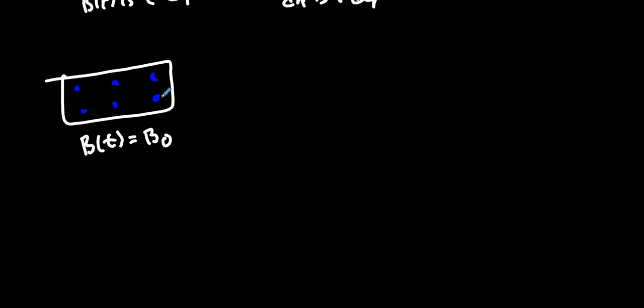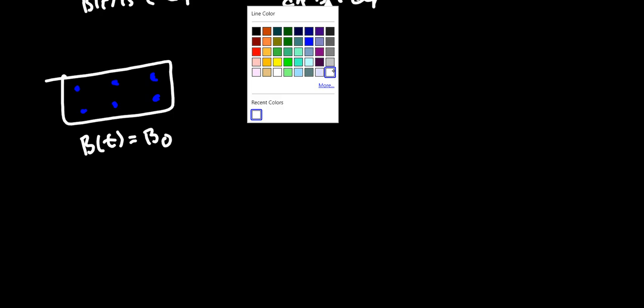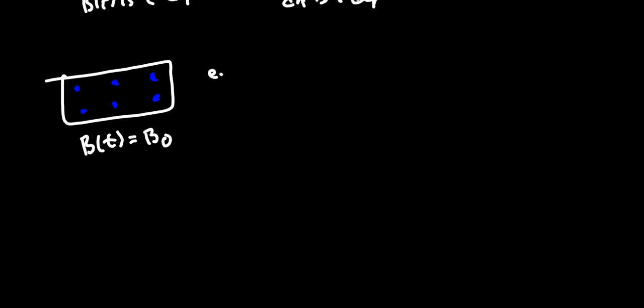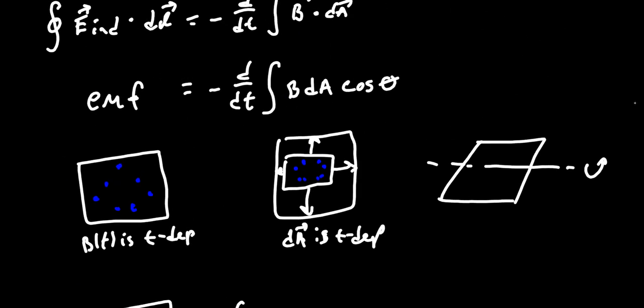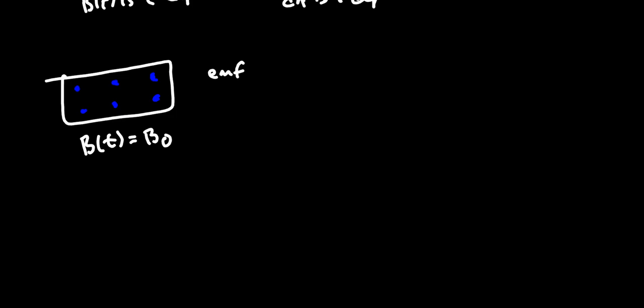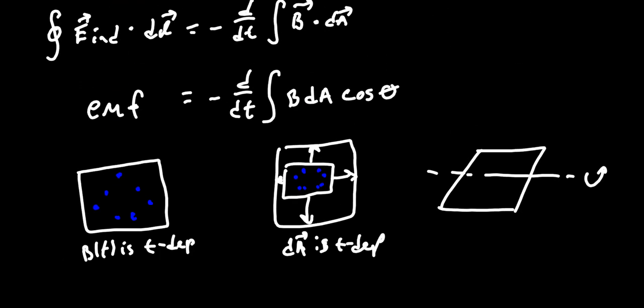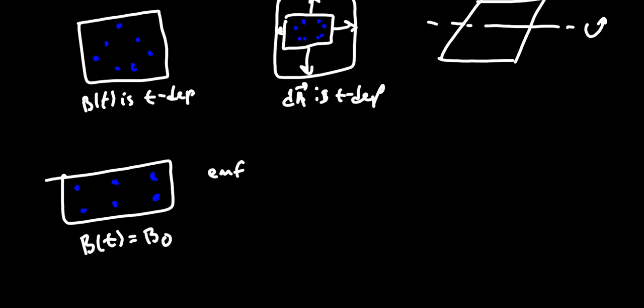So the EMF of this magnetic field, our derivative here is going to be constant because B naught is a constant.